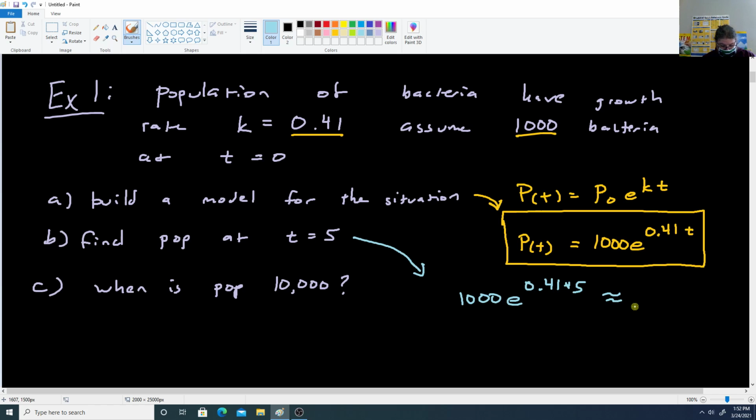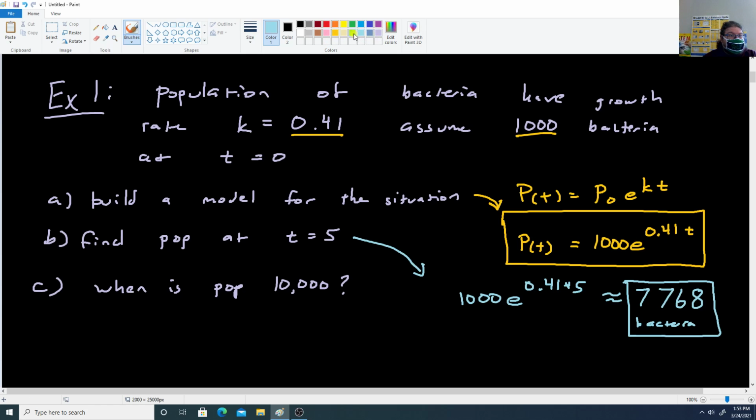E to the 0.41 times 5 gives us 7768. I'm going to round up since it's bacteria. We're not supposed to cut them in half. So 7768 bacteria will be how many bacteria are present at t equals 5. This is our answer to part B.